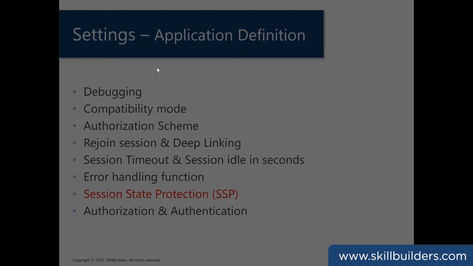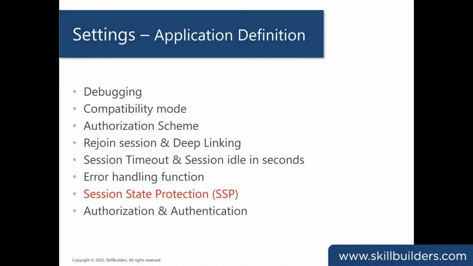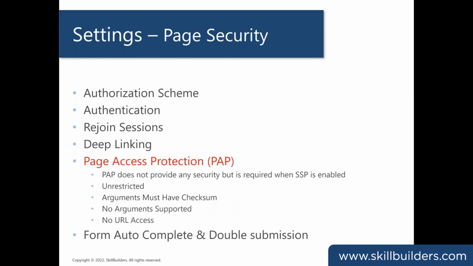So I just wanted to derail for a second, and then pretty much we come down to a page setting. The most important one is page access protection, which is combined with application session state protection. You need to have it on all levels. If you turn it off on application level, everything that you've done down the line goes to waste, right? Because it's already missing and broken.